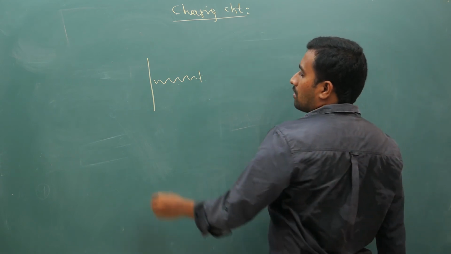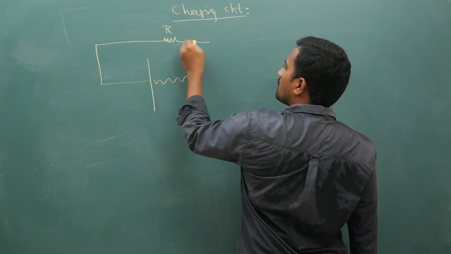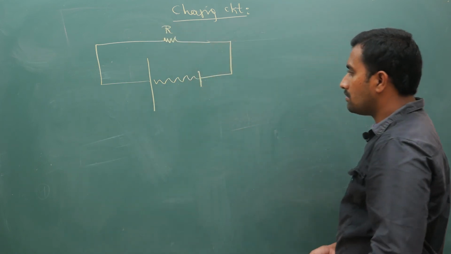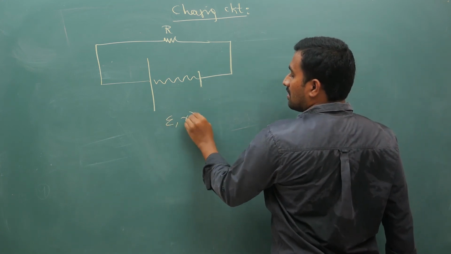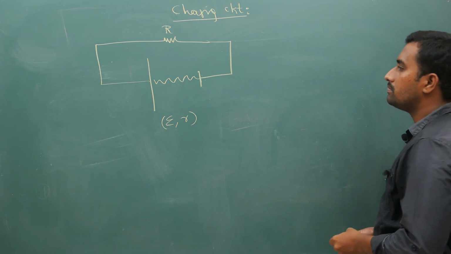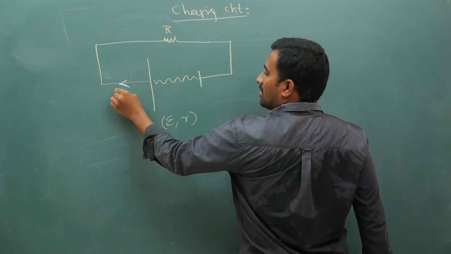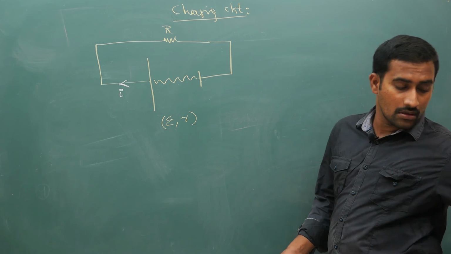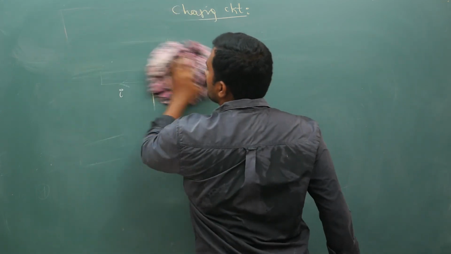You have a load resistor R, EMF E, and internal resistance r. Now your current is I, as normally in a discharging circuit. The charging circuit is not this case.